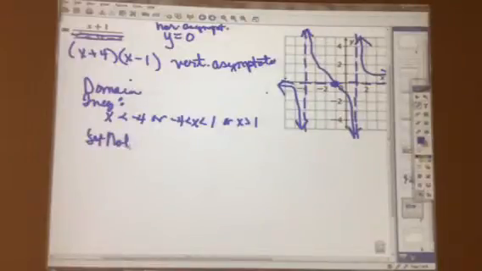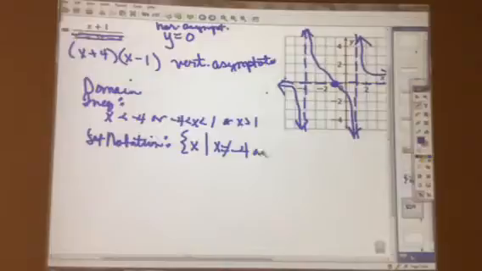Set notation. How do I write it in set notation? Braces, x such that x does not equal -4, and x does not equal 1.